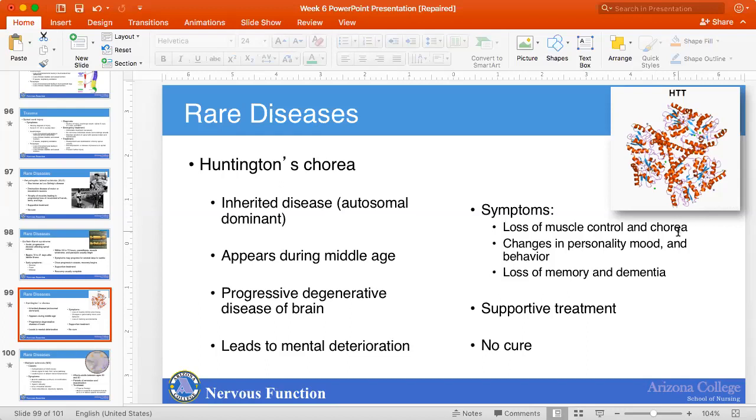Chorea is this kind of worm-like, slow, almost twisting movement, involuntary, irregular contractions that someone will have typically with their arms and legs. You'll see changes in personality, mood, behavior, loss of memory, and dementia. Similar to ALS, there's no cure. It's just about supportive treatment until they pass.